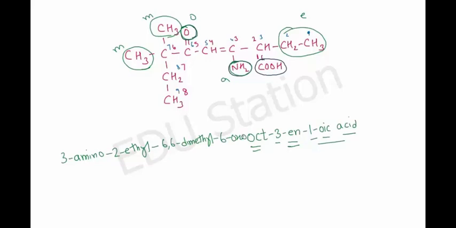The vowel of oxo will not get cancelled out, because you do not cancel the vowels before the word root. They are only cancelled after the word root. So just go through this name once. It will be 3 amino, 2 ethyl, 6,6 dimethyl. It should actually be 5 oxo. The oxo is in 5th position. I have written 6, so it will be 5 oxo oct-3-en-1-oic acid.